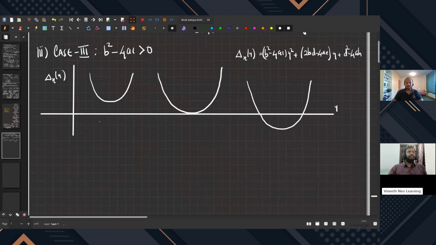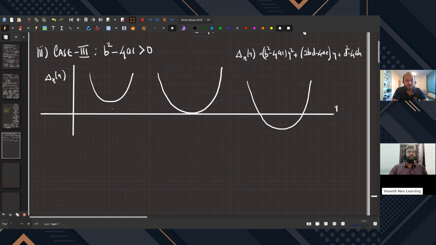Okay, in the first case, meaning the first subcase of case 3, can you tell me the range of y for which delta x of y is greater than or equal to 0? For all values of y, delta xy should be greater than 0.